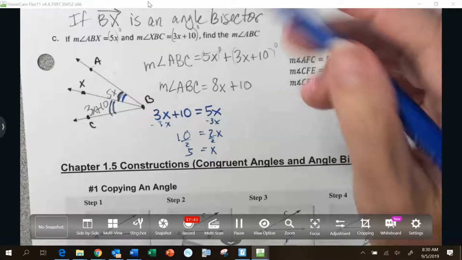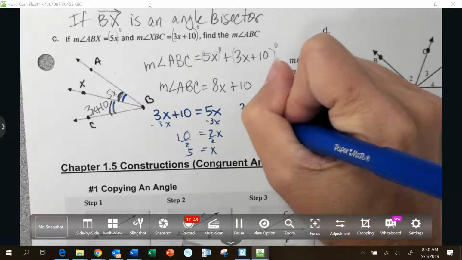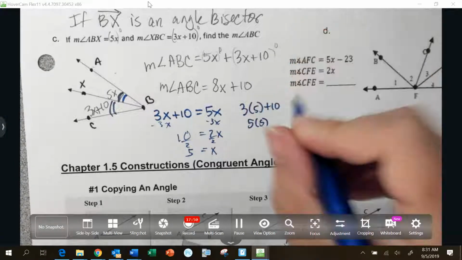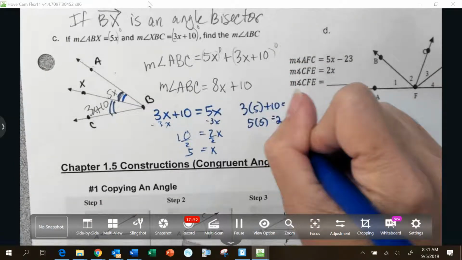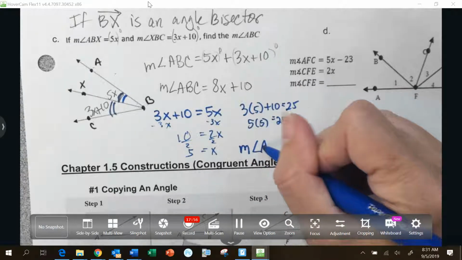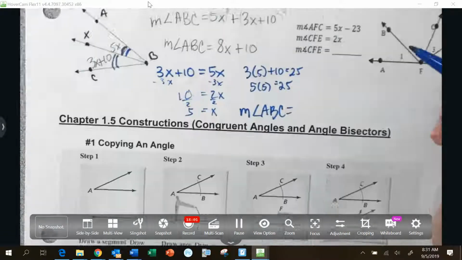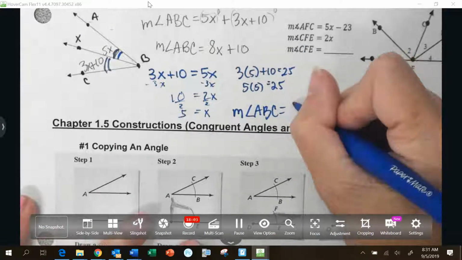And if I plug that back in, I'm going to get 25 each. So what would the measure of angle ABC equal? 50 degrees.